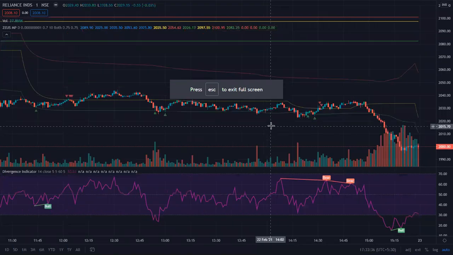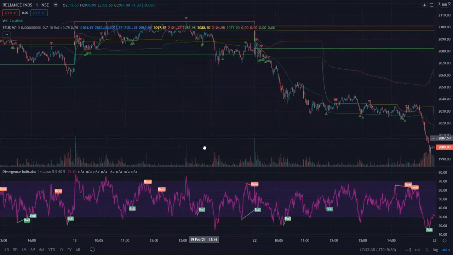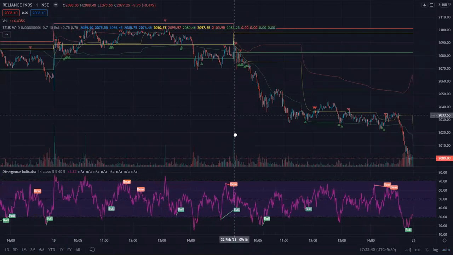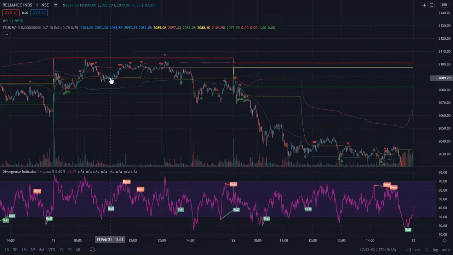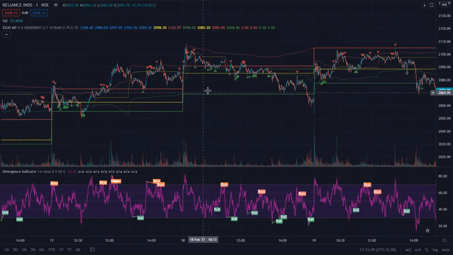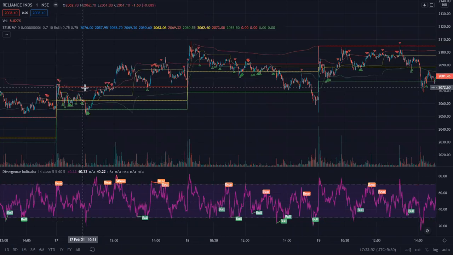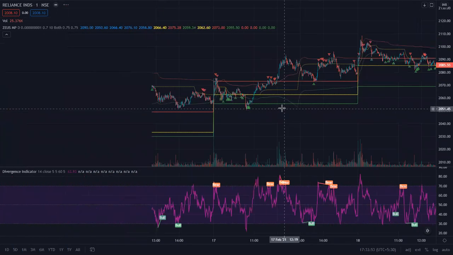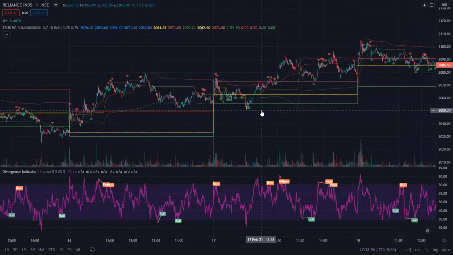Okay, one second. It took support here, resistance, resistance. You will see this is fairly accurate. You have to just learn to see the bigger picture while trading it. It's not a leave your brain at home and trade type tool.